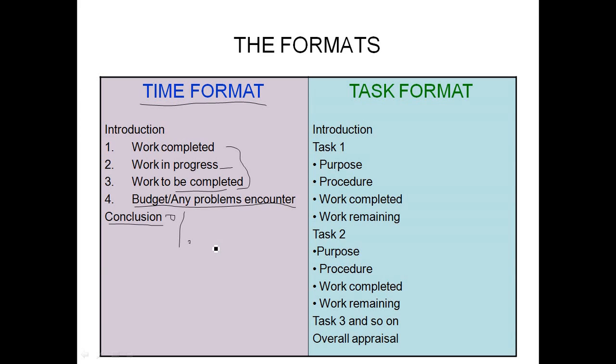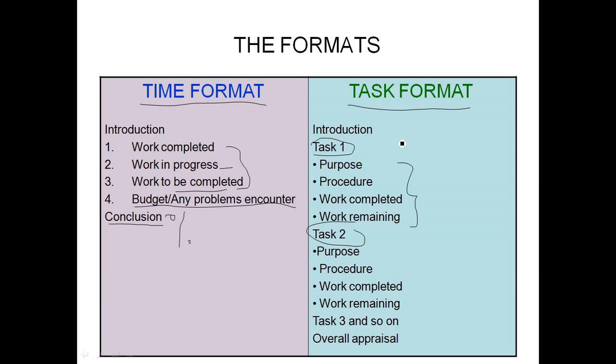The next is the task format, which is basically a combination of task and time. We have task one, task two, and within each task we also talk about how much work has been completed, work remaining, and so on.